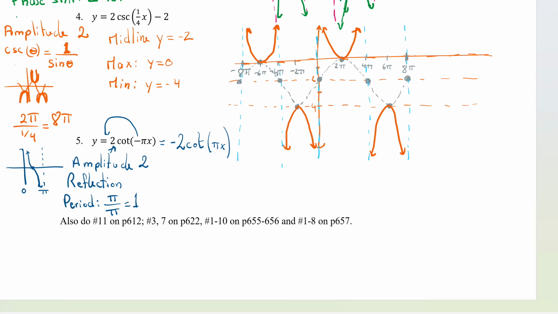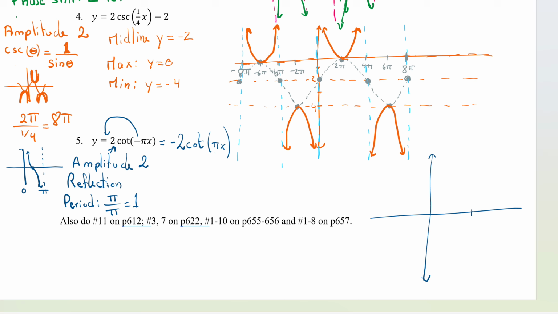Well, hopefully that makes it easy to graph, right? So let's try that. We have a period of 1. Oh, we don't have any phase shift. Okay, so we're good to go.